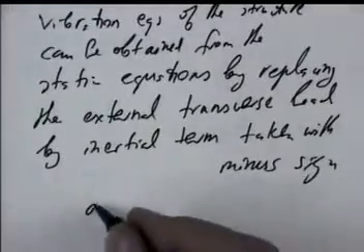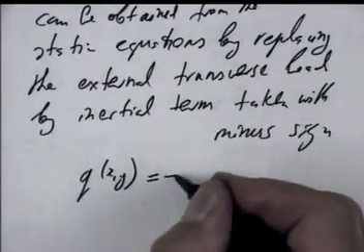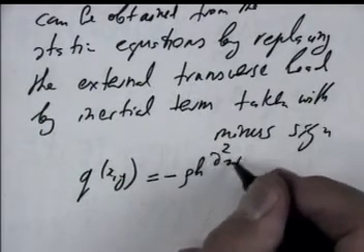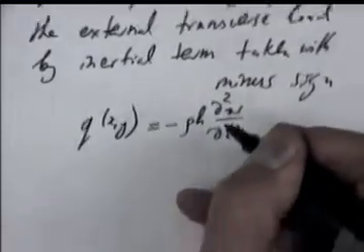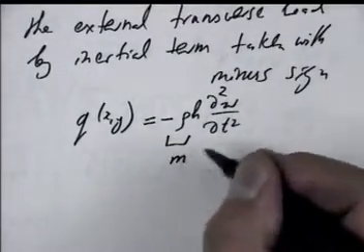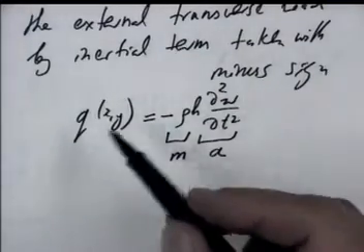So what he says is that instead of Qxy, write down minus rho h d2w over dt squared. That is ma equals f.